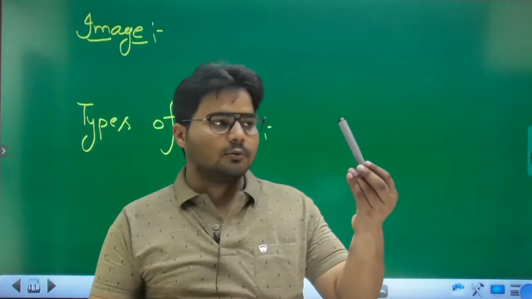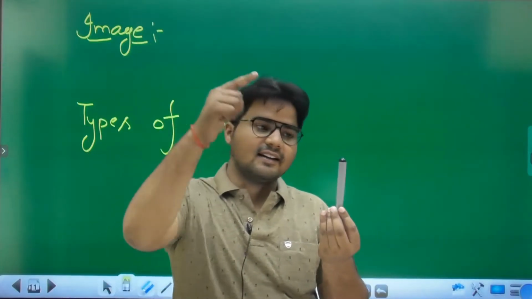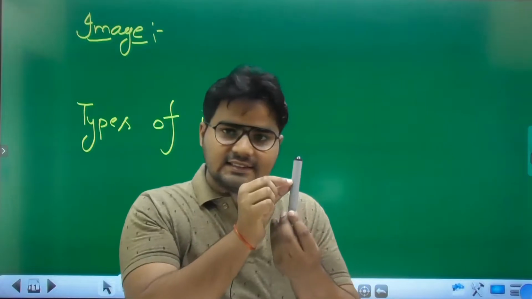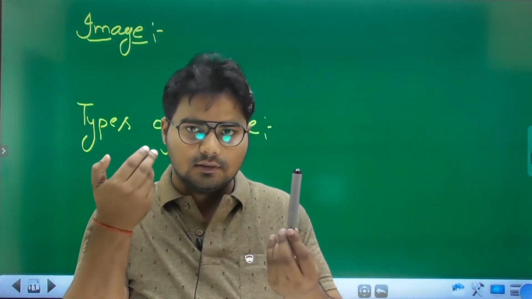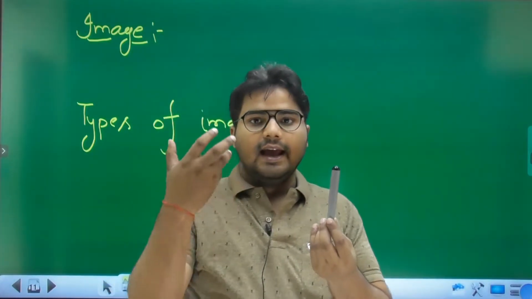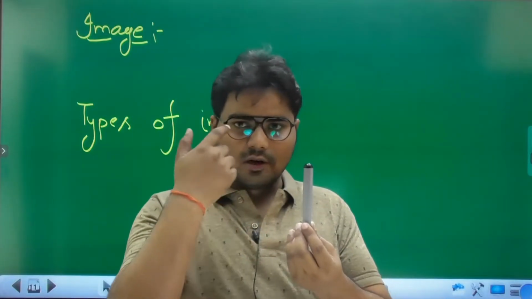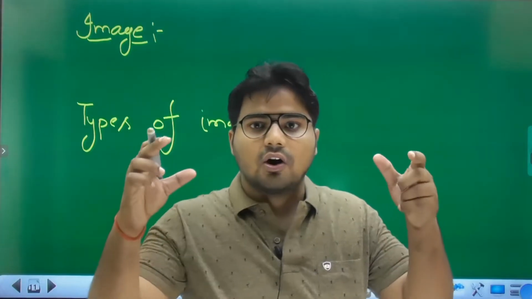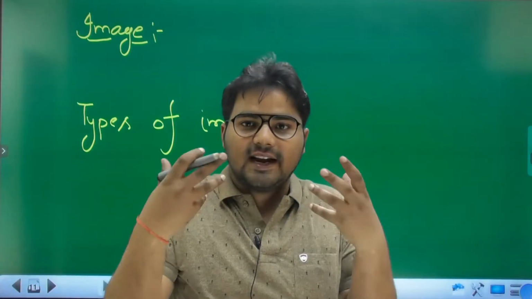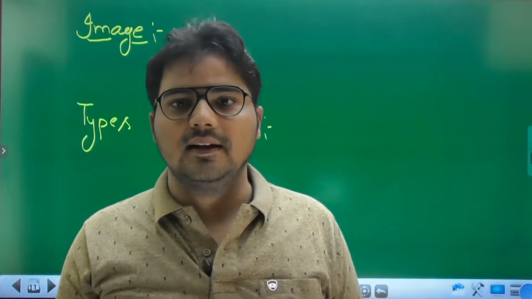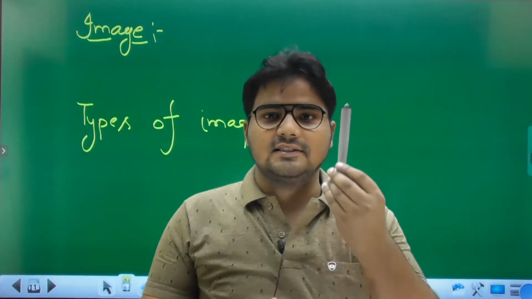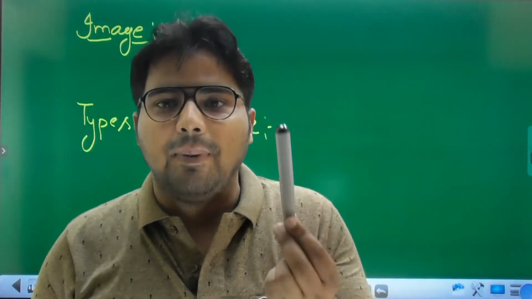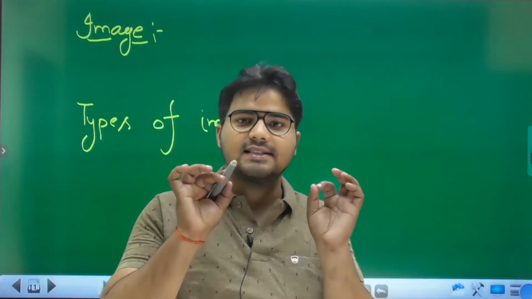Suppose this object is here and light rays fall on it, and this object reflects back the light. These are the reflected rays, and these reflected rays strike our eyes. Clear? And the image forms on our retina, and that image is read by our brain. Then only we say that this one is a pen, or stylus.